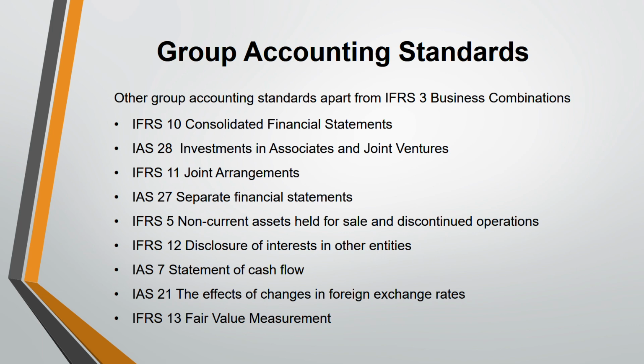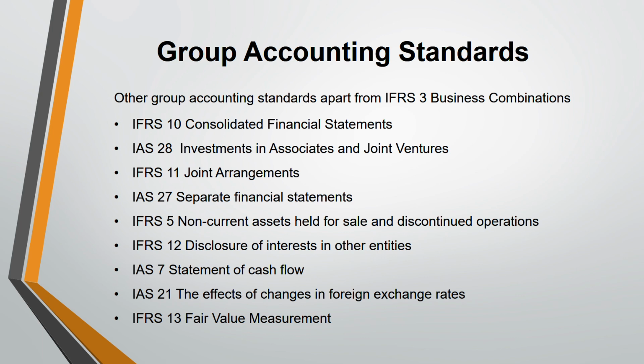Under this, we go through whether control exists or not. Because if control is there, that means it's a subsidiary, you can consolidate. IAS 28, investment in associates and joint ventures. I've covered this. If it's an associate or joint venture, use the equity method. IFRS 11, to find out whether it's a joint operation or joint venture. Joint venture, IAS 28. Joint operation, IFRS 11.